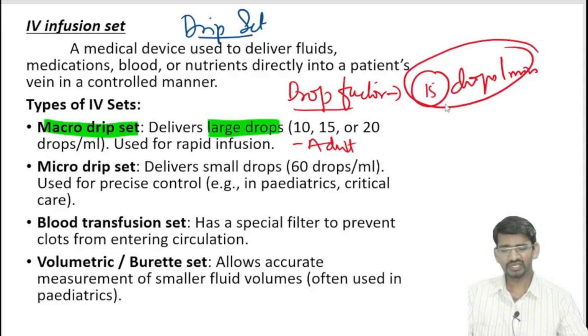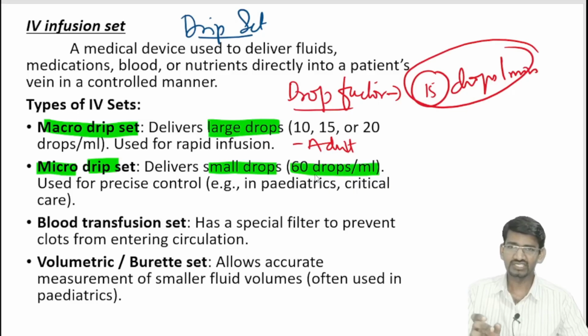This is used to calculate the flow rate for fluid administration. Then the second one is a micro drip set. Micro stands for small, so it delivers the fluid in small drops. The drop factor of this drip set will be 60 drops per ml.